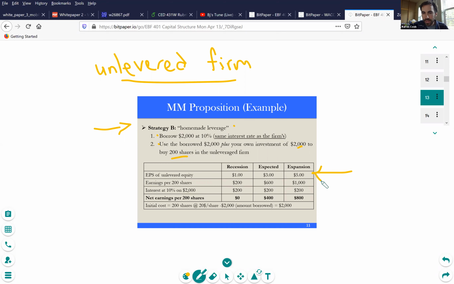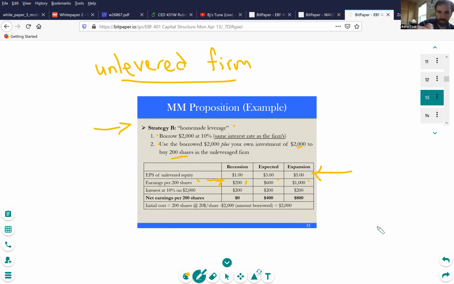We can consider what those would each be under this ownership of 200 shares. So he has 200 shares. He's able to essentially earn these amounts per share. And so his overall earnings, as a result of owning these 200 shares, become these numbers here: 200 in a recession, 600 on average or in normal conditions, and then 1,000 in expansion conditions.